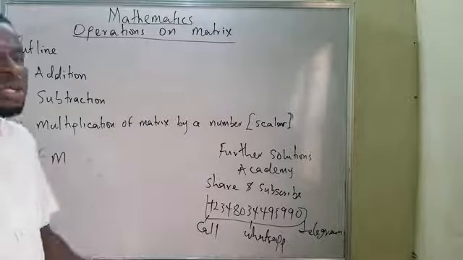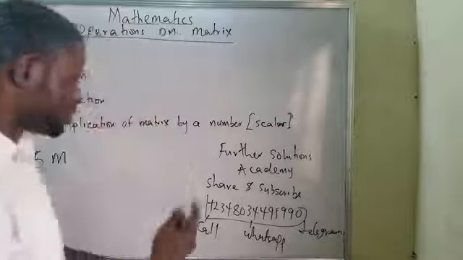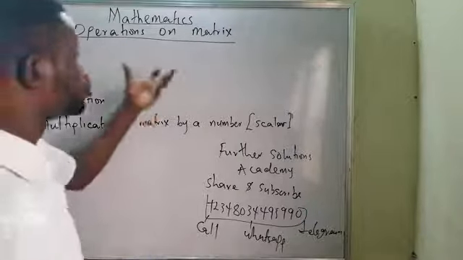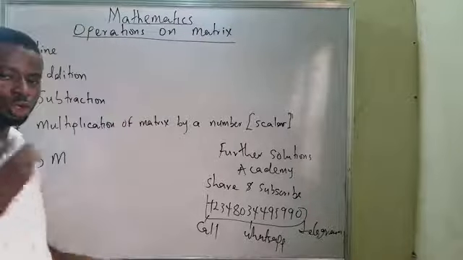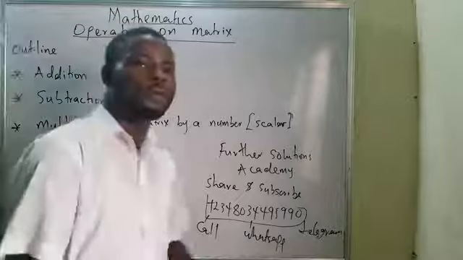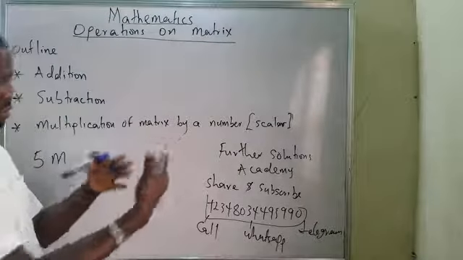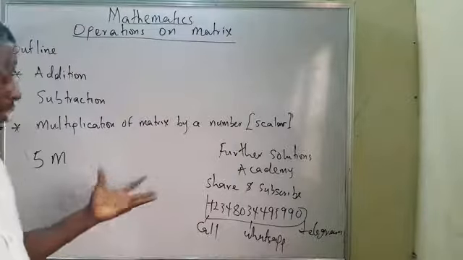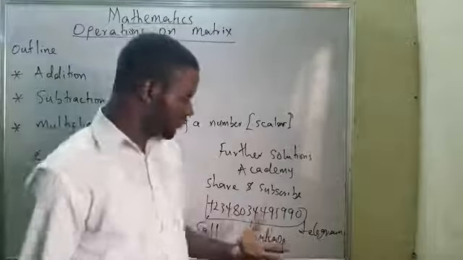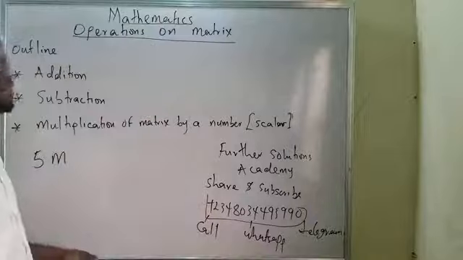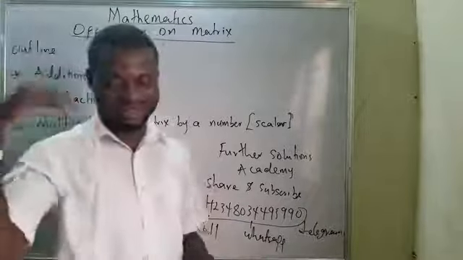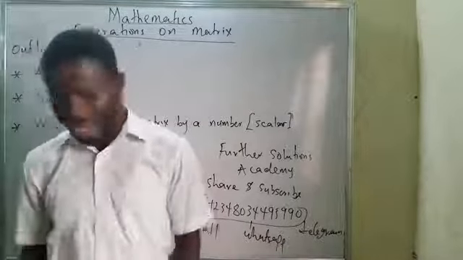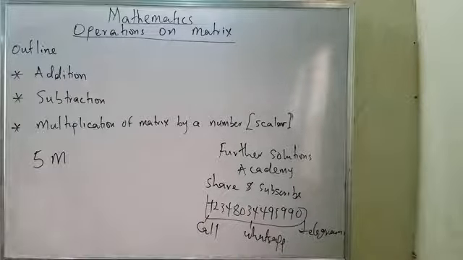It's different from multiplication of matrix by matrix, which should be our next video. This is video 2 on matrix. I've told you earlier that we have done this before, but some parts of our production were not so good and needed review, which I'm doing now. After this, I'll be deleting the former one, so you have the best of our best video. Now, let's start with addition of matrix.